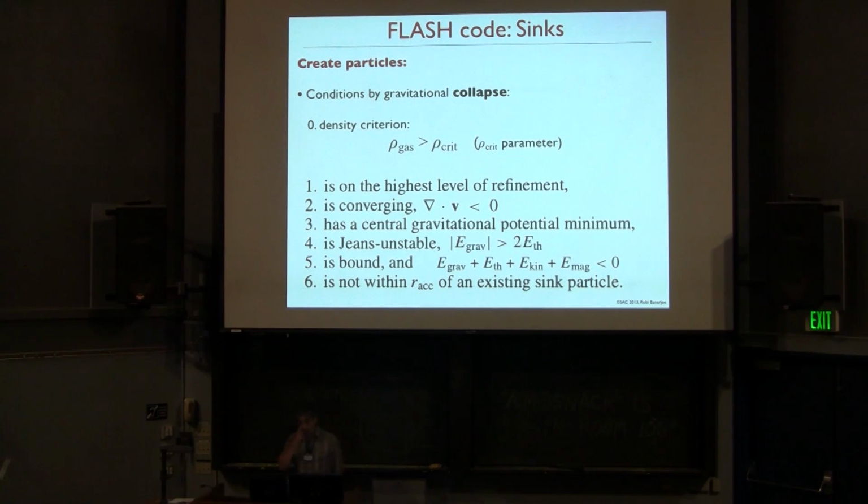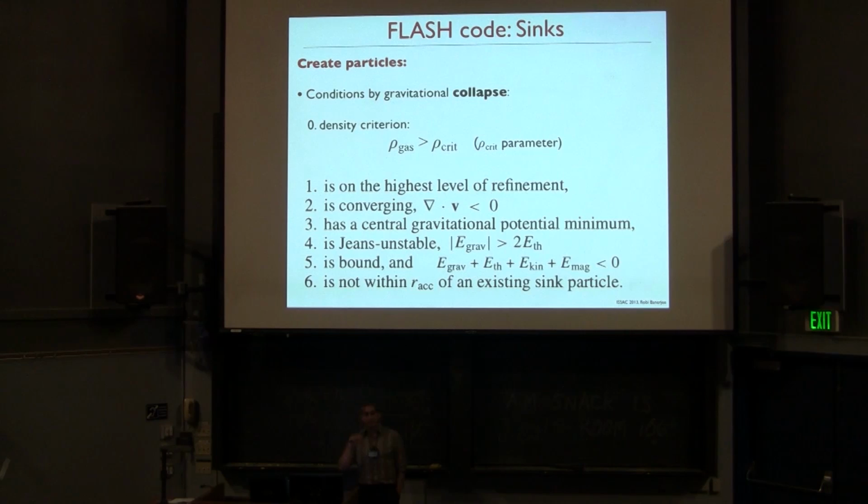Now we want to talk about the approach to creating these sink particles: you want to create them on the fly whenever you catch a self-gravitating region, and this is done by a multi-step process.